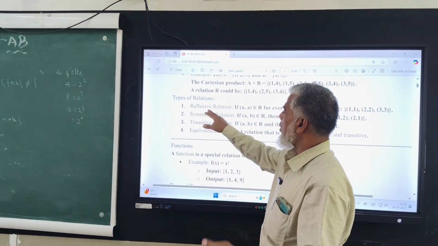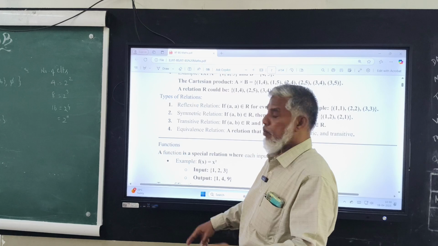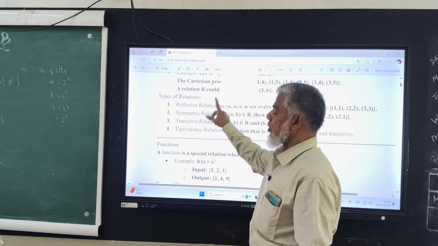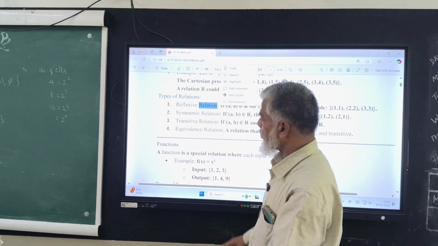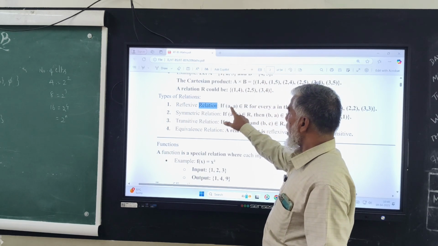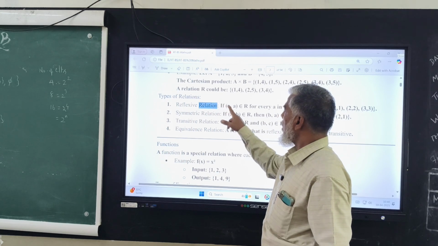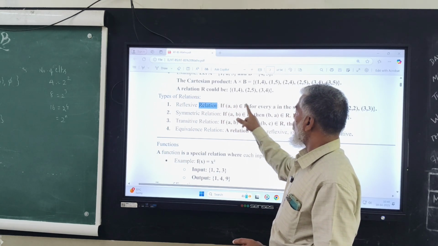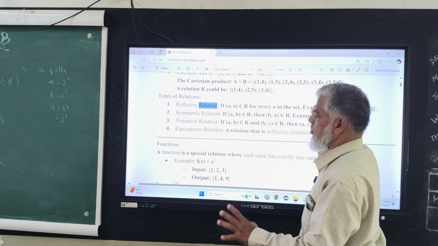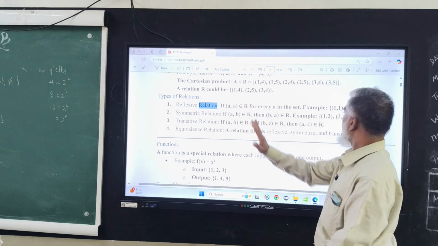Now we are going to study the properties of relations. Reflexive relation: if (a, a) belongs to R, where R means relation, for every a in the set, that is reflexive.